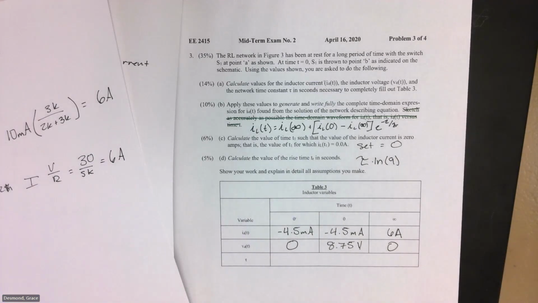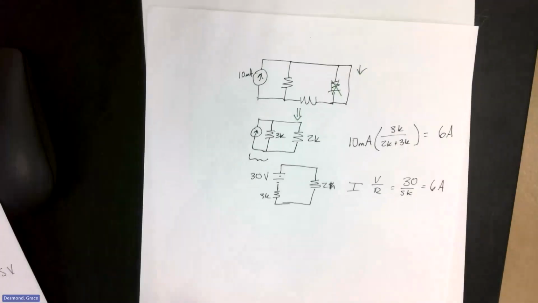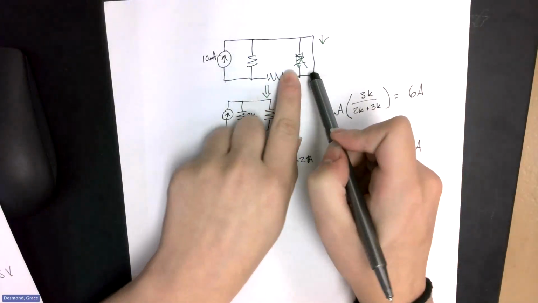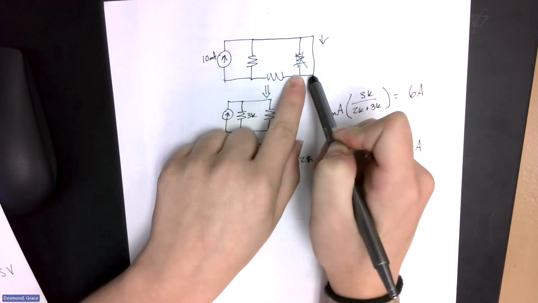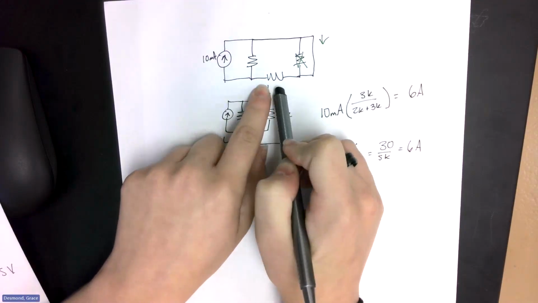Oh, yes. So people do have a wire in front of it. So this wire is directly in parallel with this. Is that wire in parallel with this guy?